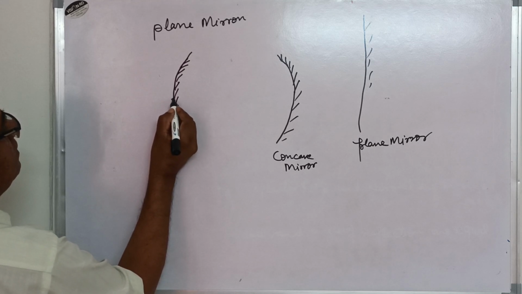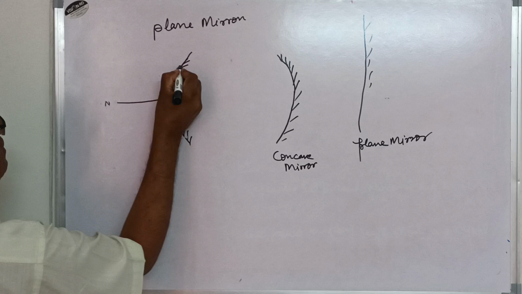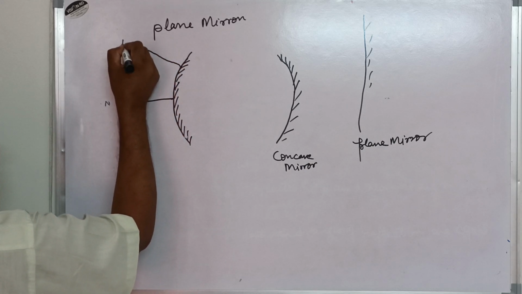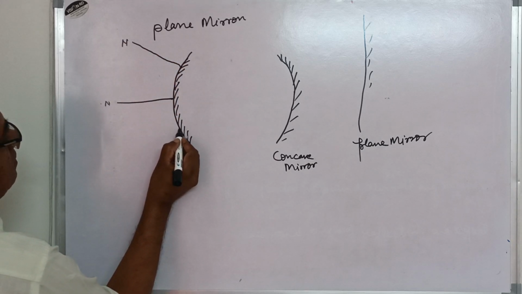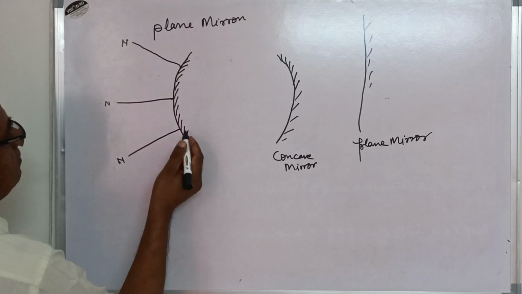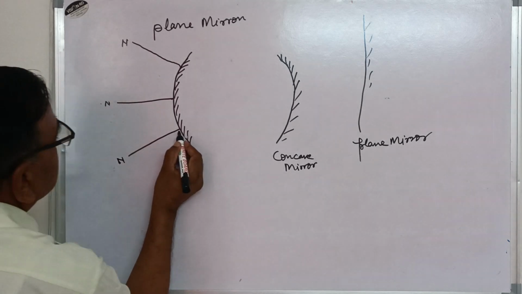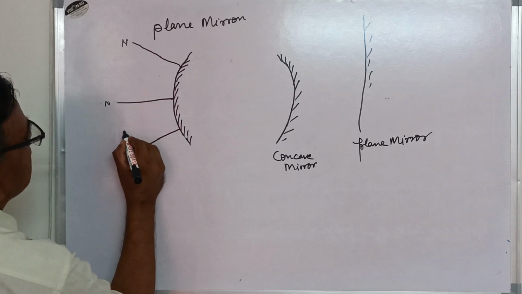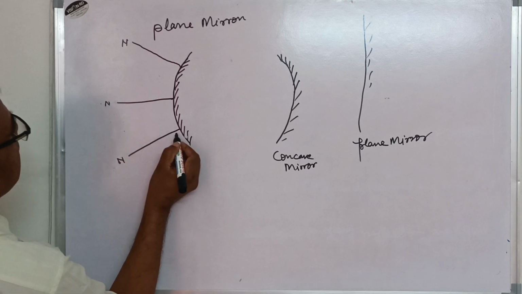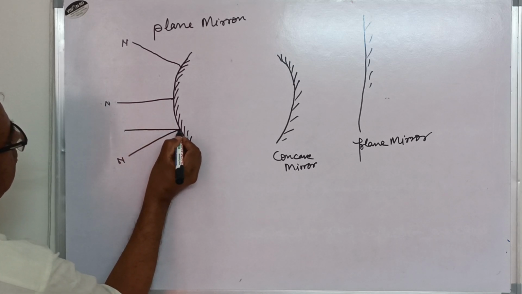Now at any point, at this point this will be the normal, at this point this will be the normal, at this point this will be the normal. So in this way any ray will be incident here. Let me take this normal. So the ray will come and strike at this point.